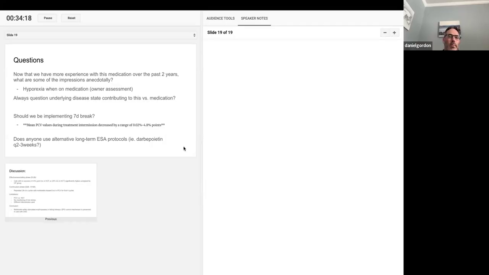And then also, a question that I have and have used previously is, does anyone else use alternative long-term ESA protocols? So long-term darbepoetin on an every-other to every-3-week basis, in lieu of these HIF stabilizers that may have some side effects in some patients?